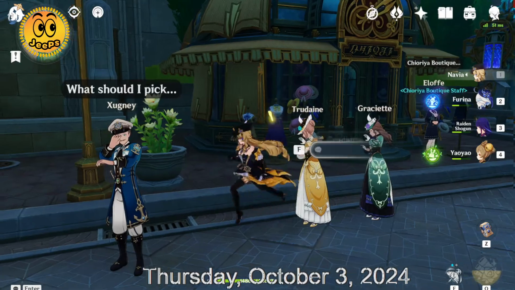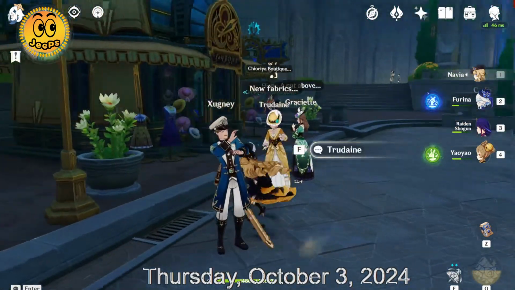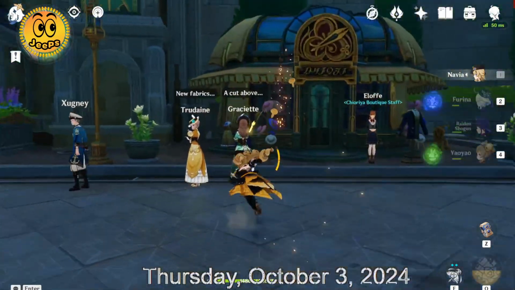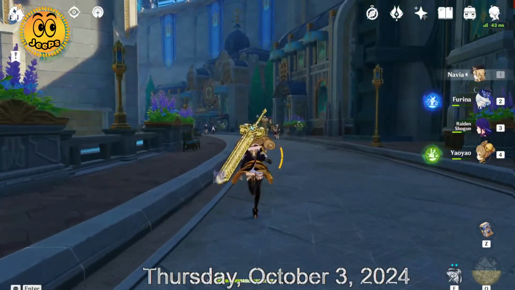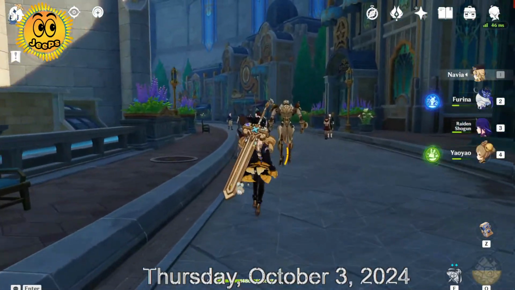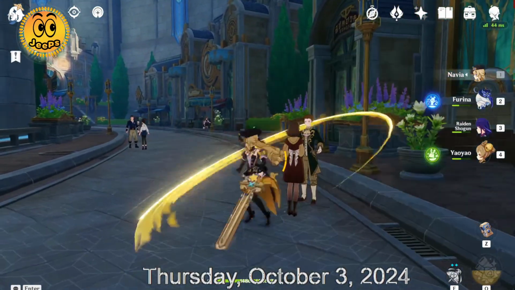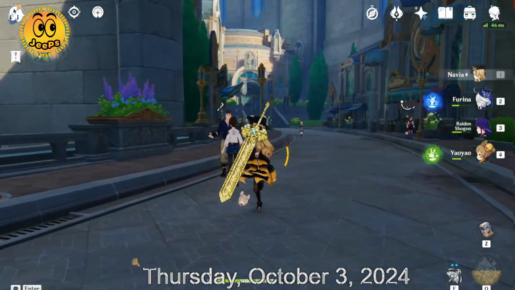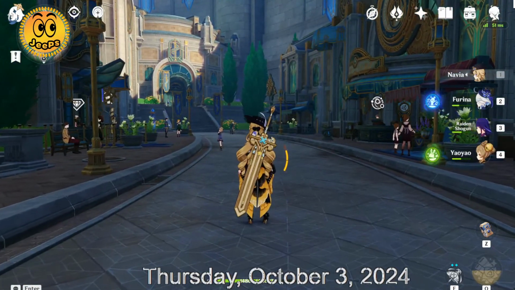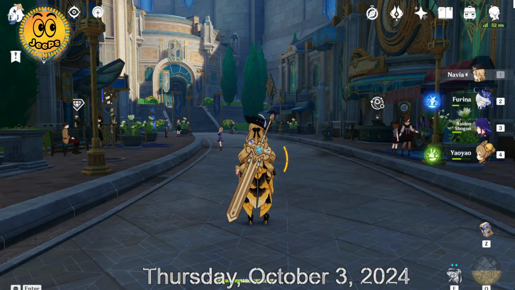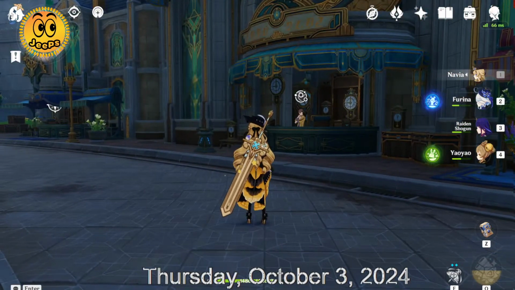Nope, there he goes. See, they have reactions. Why do none of these have any reactions? Dang, okay. Well, that's weird.